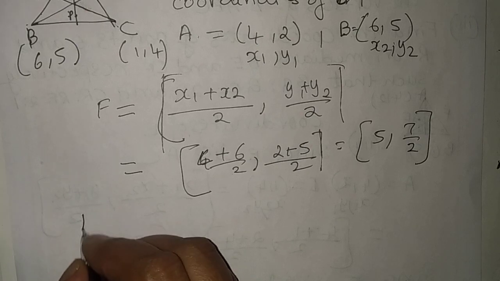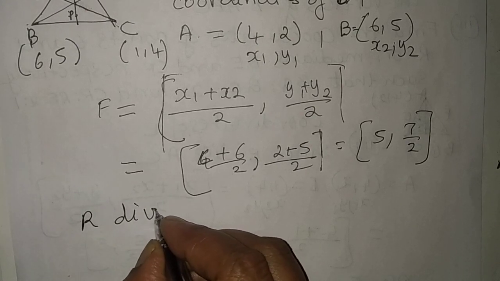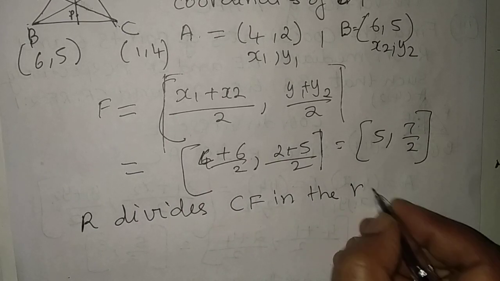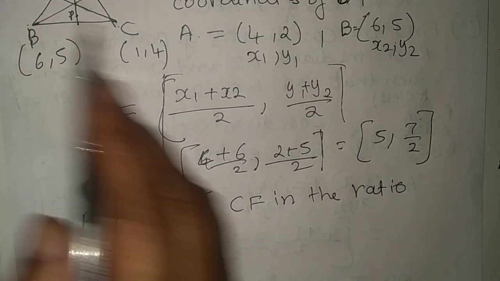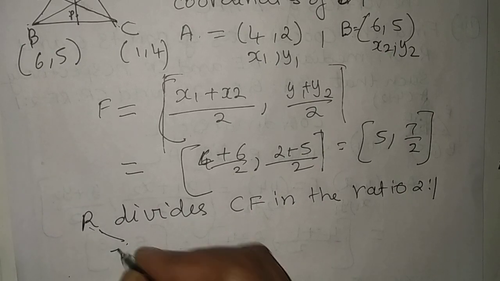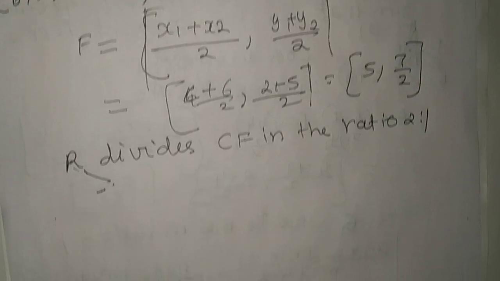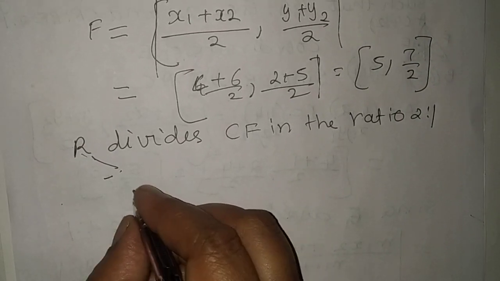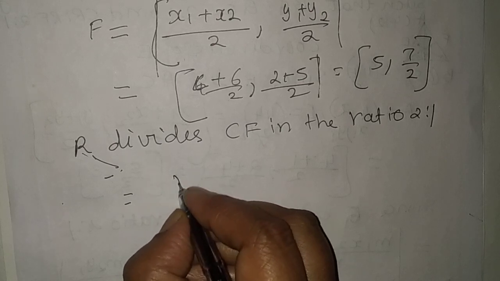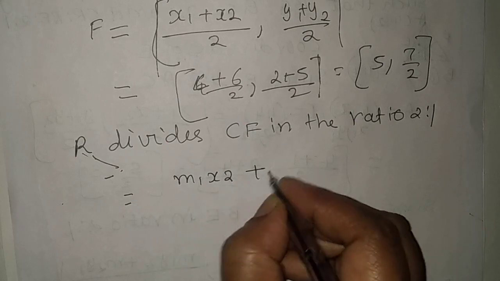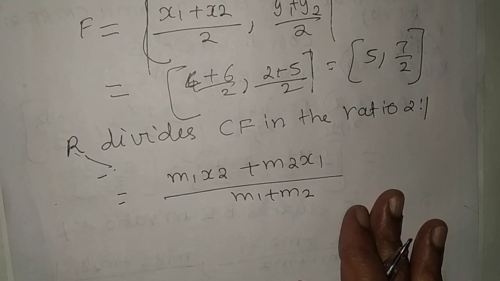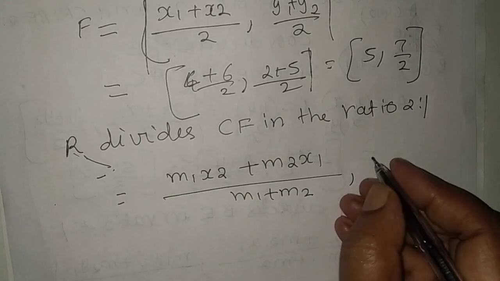Now the next part: R divides CF in the ratio 2:1. Now we have to find out the coordinates of R. To find this, we have the formula (m1 x2 plus m2 x1) by (m1 plus m2), similarly (m1 y2 plus m2 y1) by (m1 plus m2). We have C and also F coordinates.